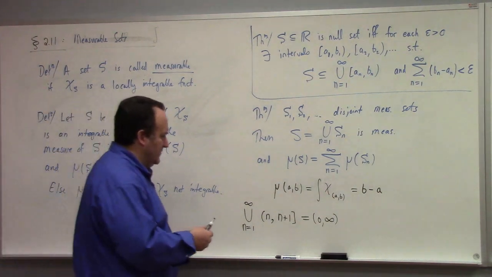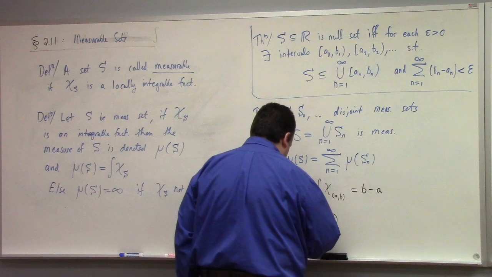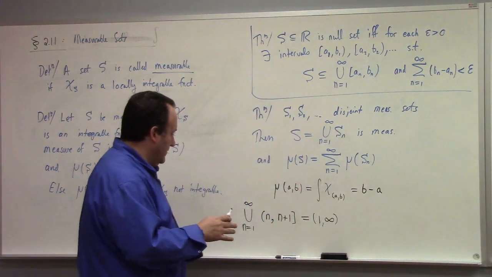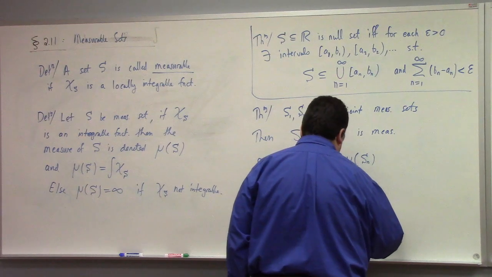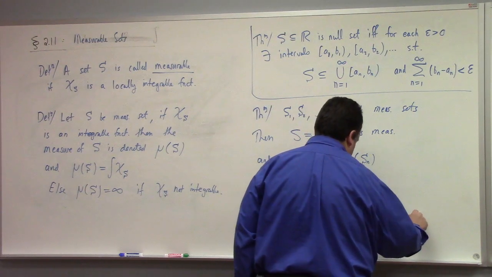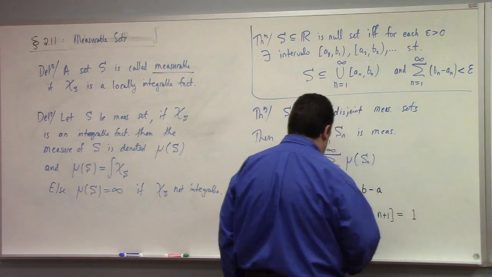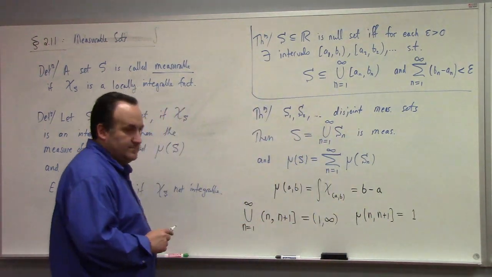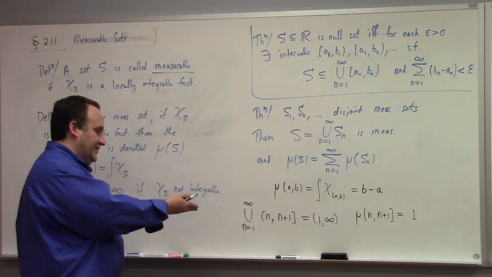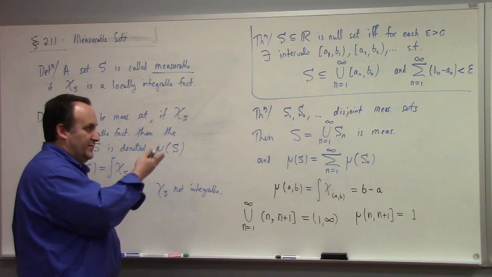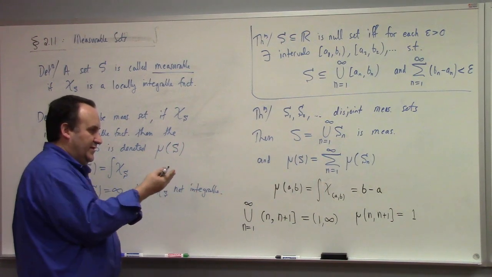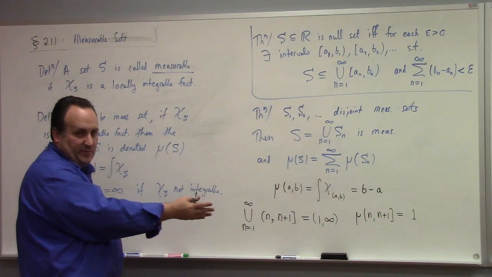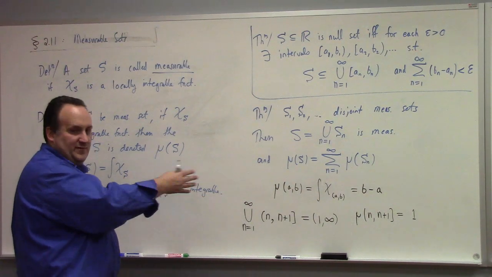What's the measure of each of these? Well, it's 1, right? So this theorem that I wrote last is sensible in the sense that the measure of each is 1, and it takes infinitely many of them to form the whole 1 to infinity.